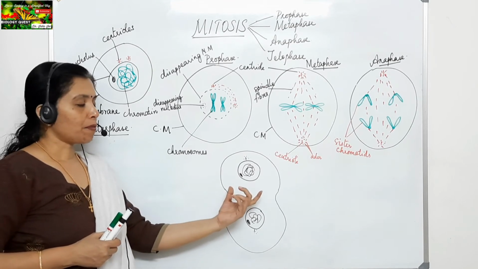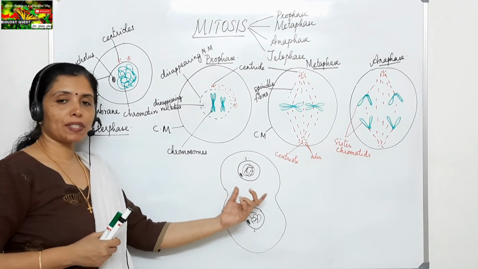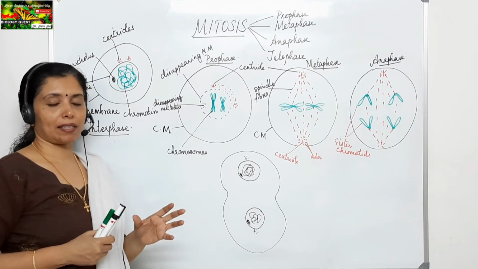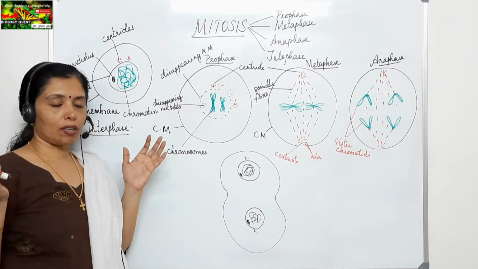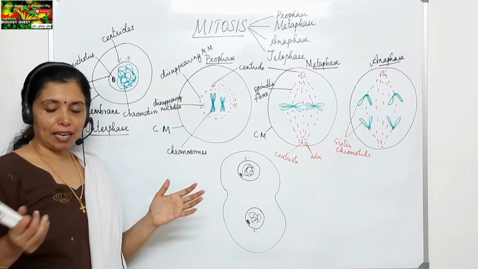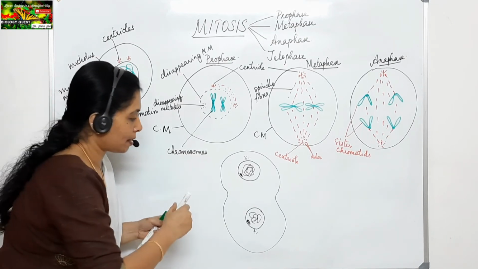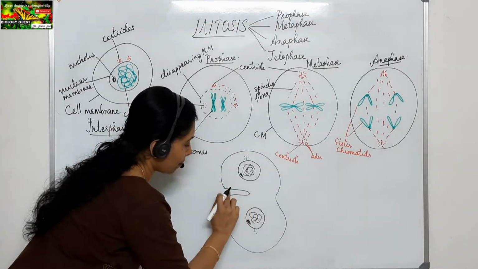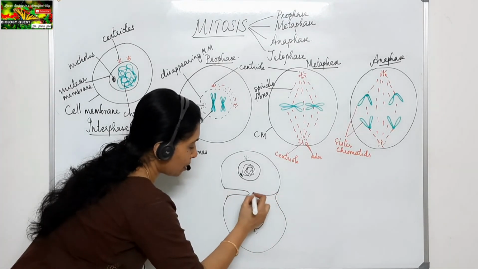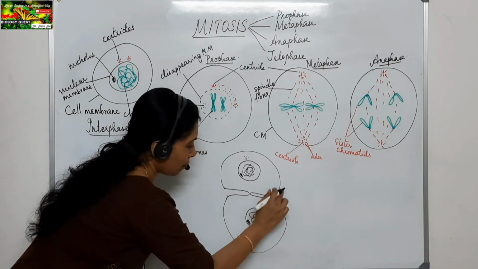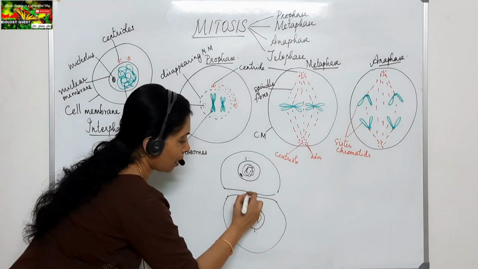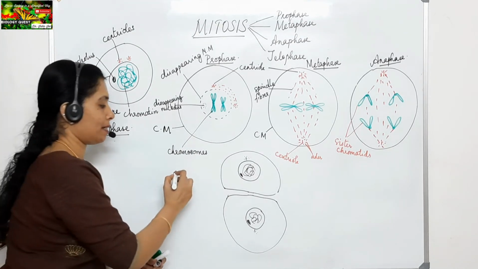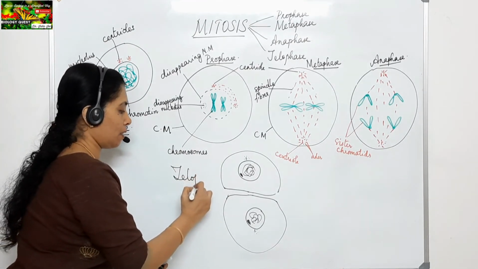So the direction of cytokinesis here in animal cell is centripetal. The furrow extends towards the center, and finally the two join together and two new cells are produced. So that is the telophase stage.